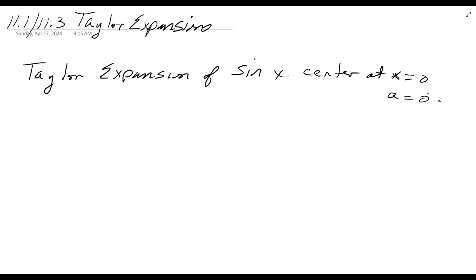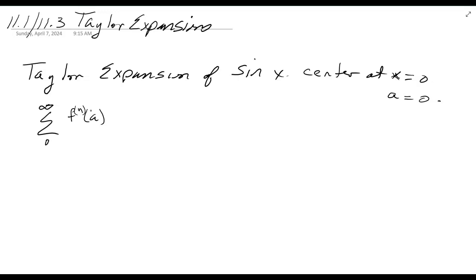All right, so let's recall what our series looks like, from n equals 0 to infinity. It's f of n of a, and you put this little n in parentheses. That means derivative.